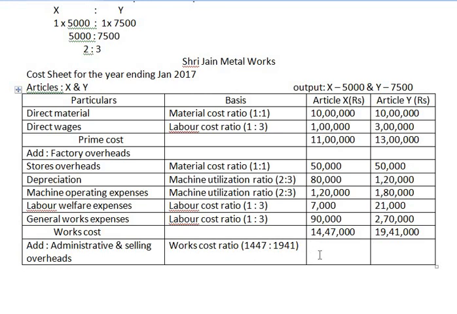So distributed, it will be around 3,61,750, and this will be 4,85,250.